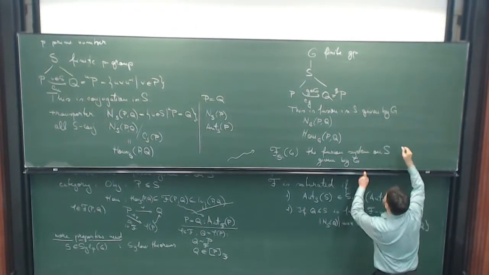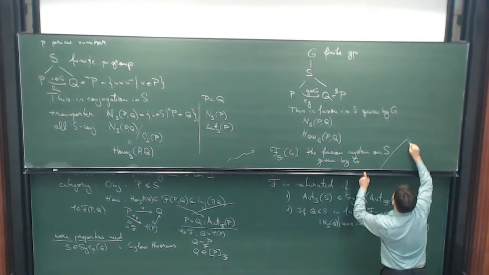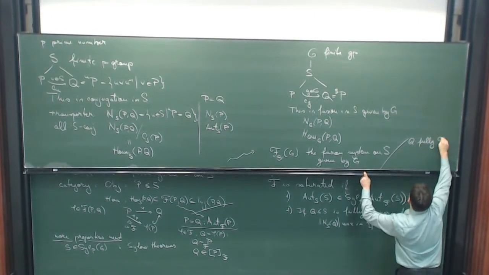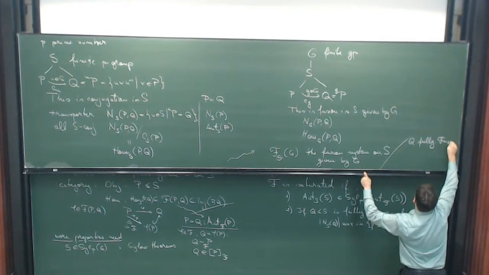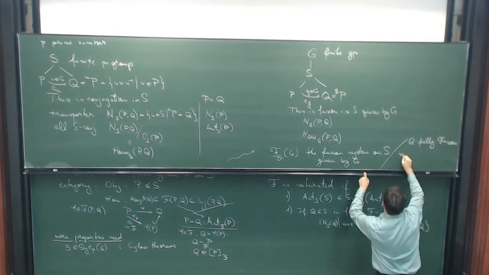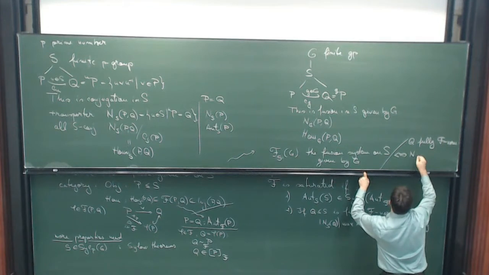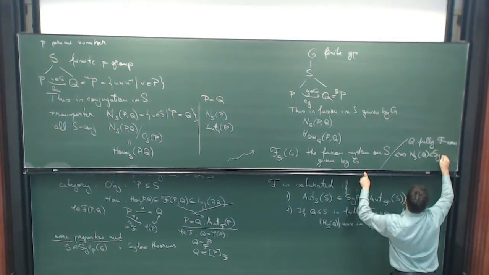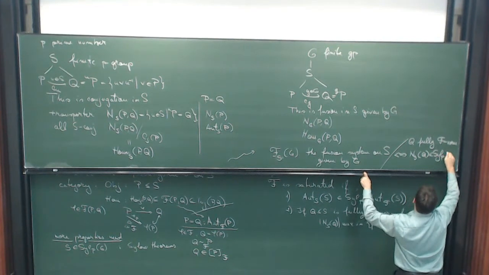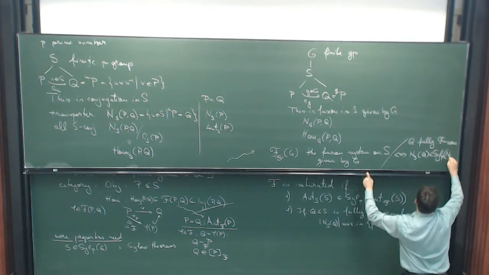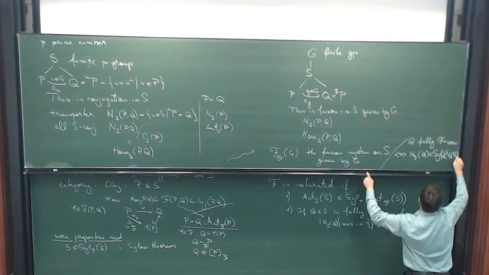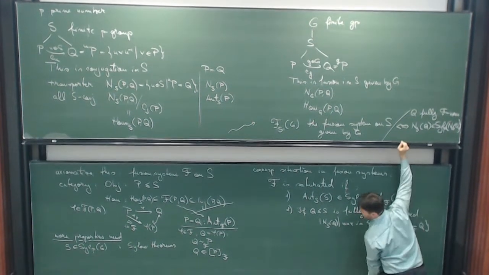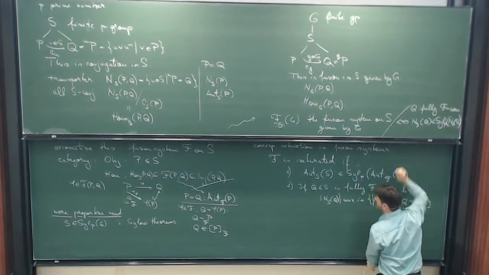In the situation here, Q fully F-normalized, in fact, happens if and only if its normalizer in S is a Sylow subgroup of the normalizer in G of this one. Okay, so just to see what is the case here.